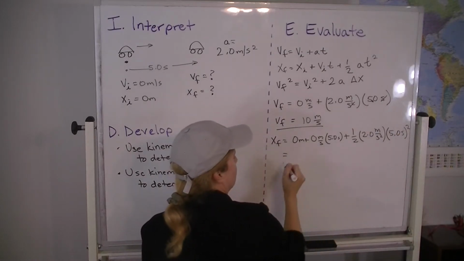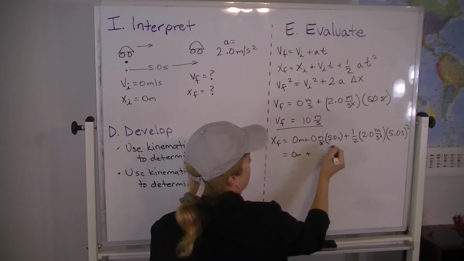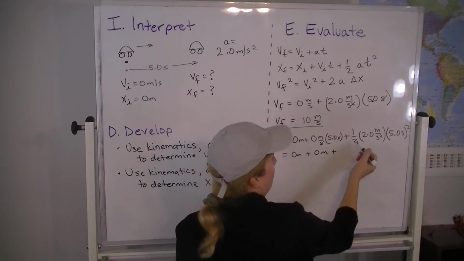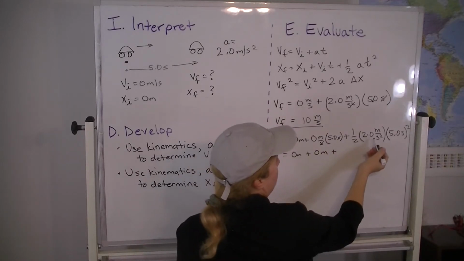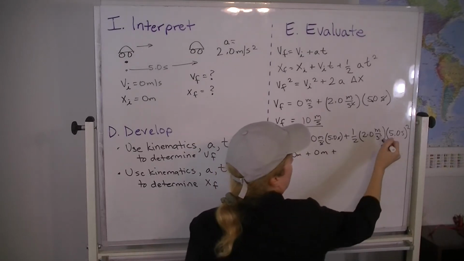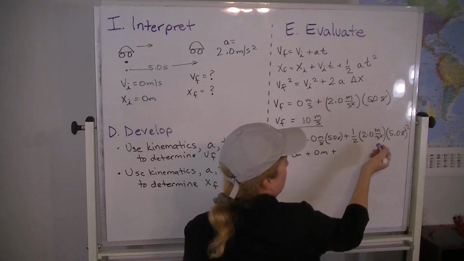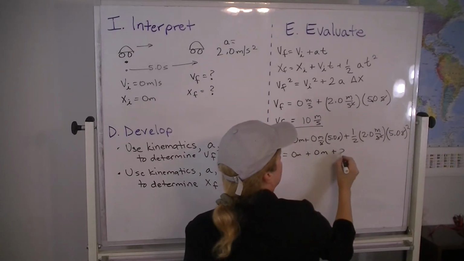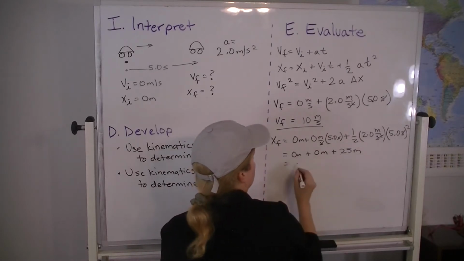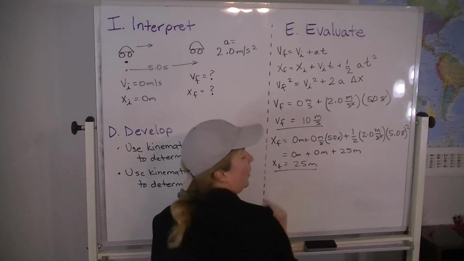And so simplifying, we have 0 meters plus 0 meters. Seconds cancel, 0 times 5 is 0, plus 1/2 times 2 is 1, and 5 squared is 25. So we have seconds squared here, cancels out with seconds squared there, leaving us with meters, and so we have 25 meters. So 0 plus 25 gives us the answer that we seek, we think.